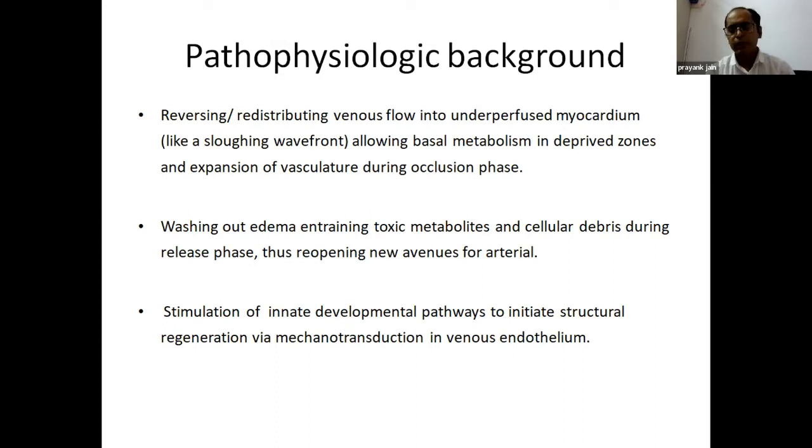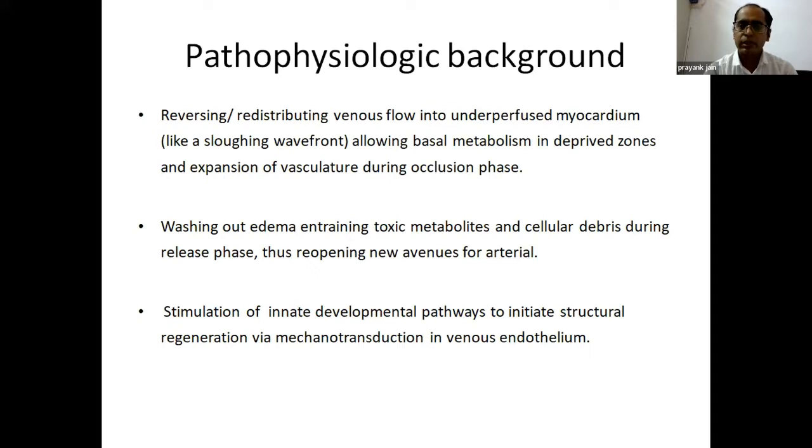So what happens during the release phase? Now the pressure has built up, and some blood has gone into the microcirculation which was previously occluded. In the release phase, the toxic metabolites and cellular debris come out, and the volume which comes out during the release phase is more than the actual volume which flows when we do not touch the coronary sinus.